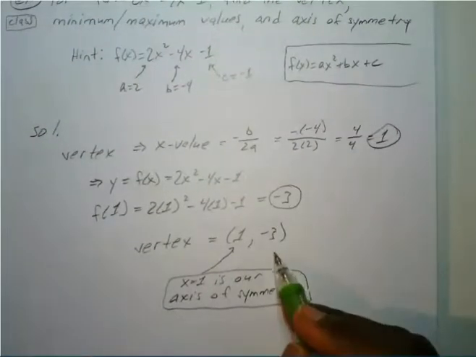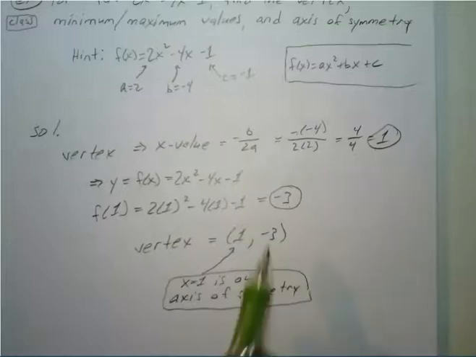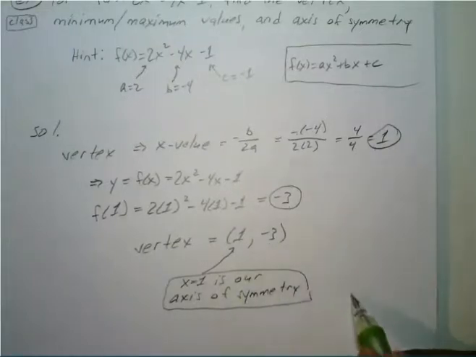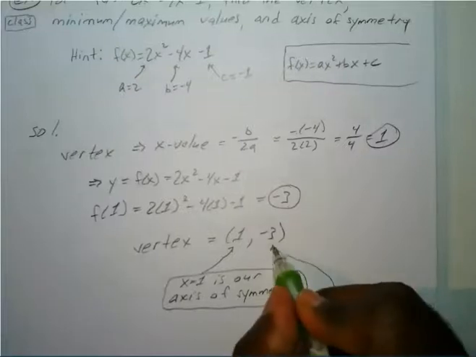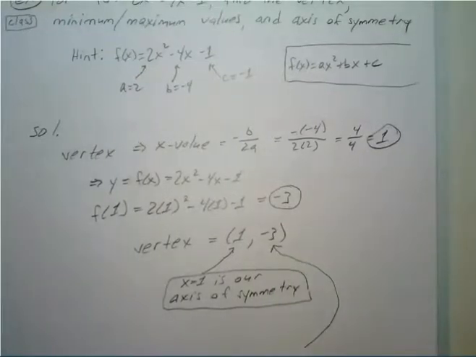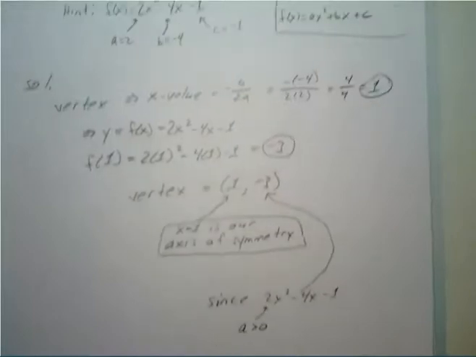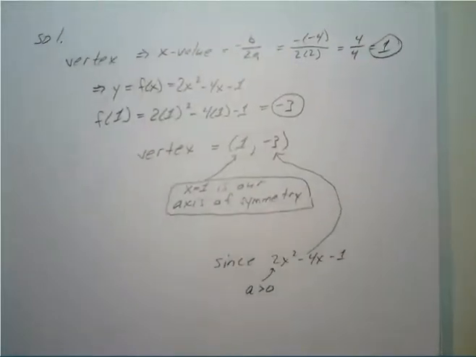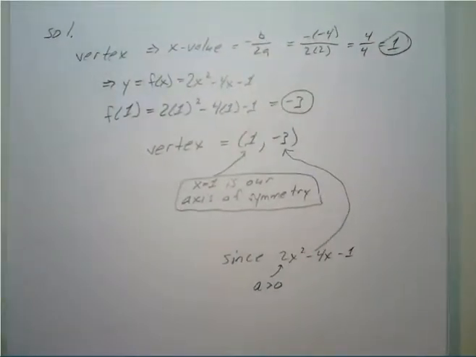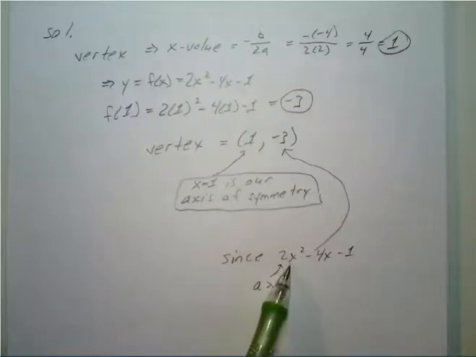Okay. And also, to find our minimum and maximum value, we can also use our vertex. So we see here, let me draw a little arrow up to that negative 3. So we know that since 2x squared minus 4x minus 1, we know here that our a is greater than 0.